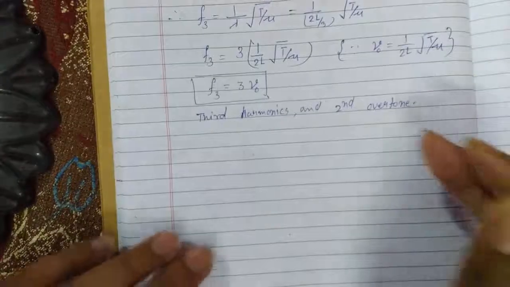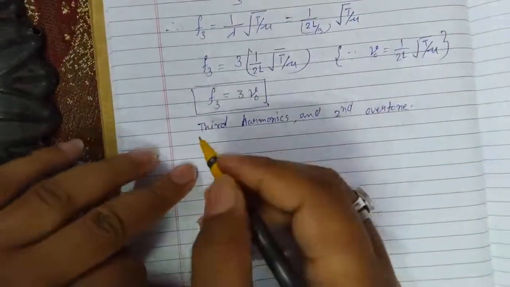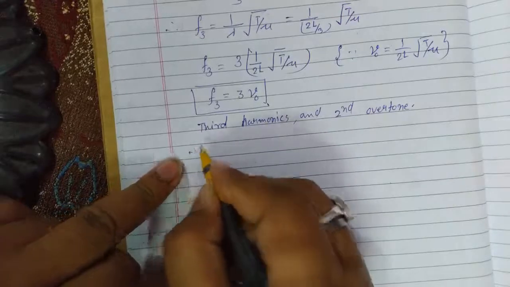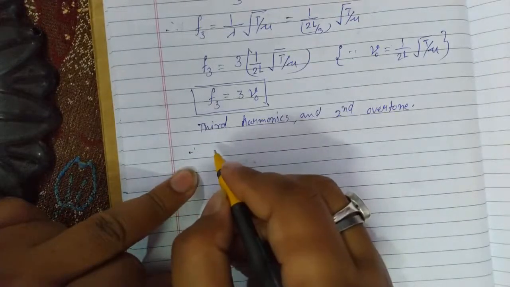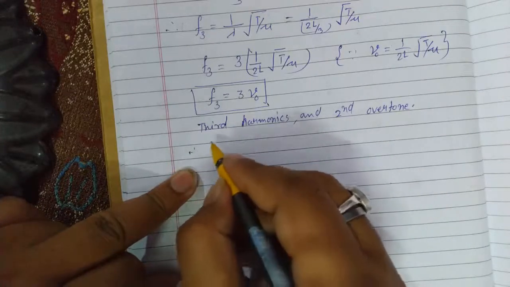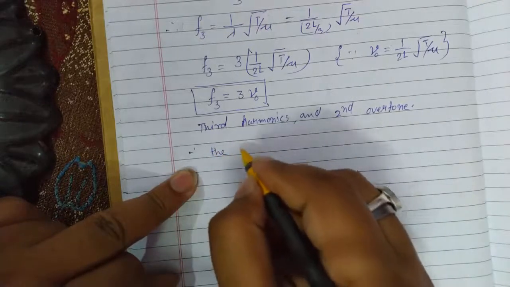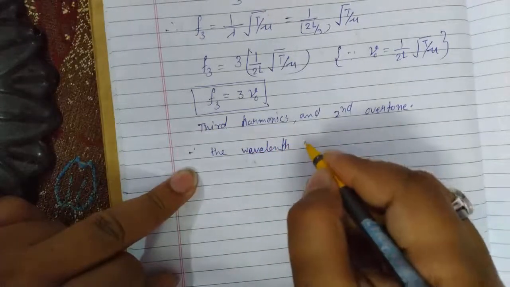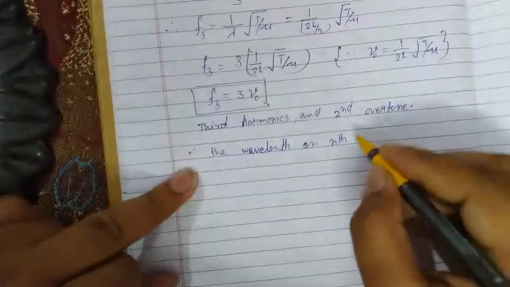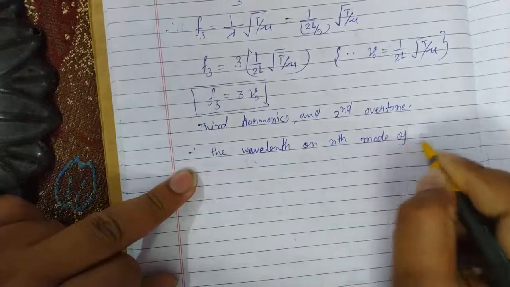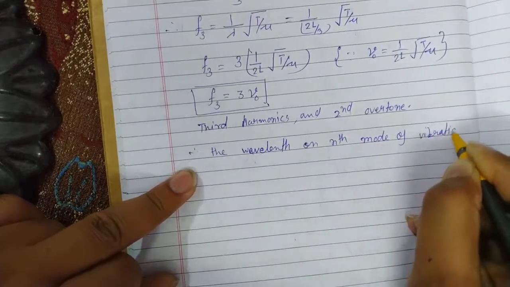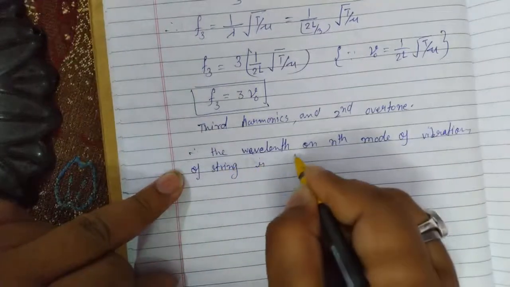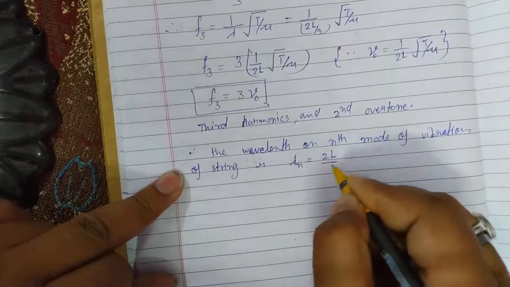Hence we observe that the wavelength of the nth mode of vibration of a string is lambda n equal to 2L upon n.